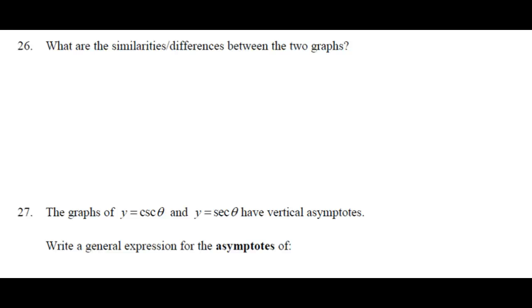What are the similarities and differences between the two graphs? Same shape, right? Translate, yeah, one is just a translation how much? Horizontally pi over 2 units, okay? So they're the same shape.